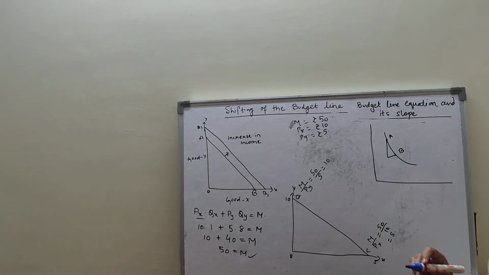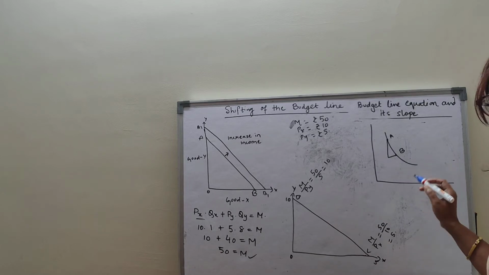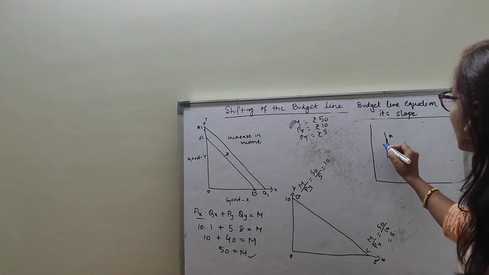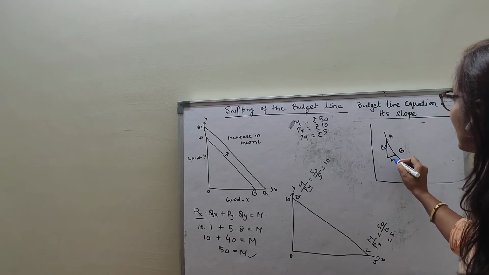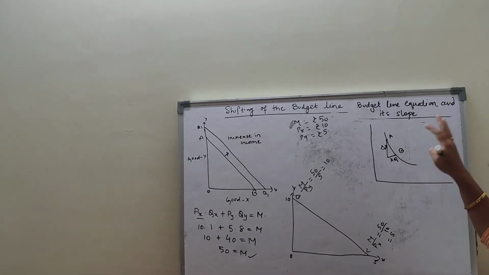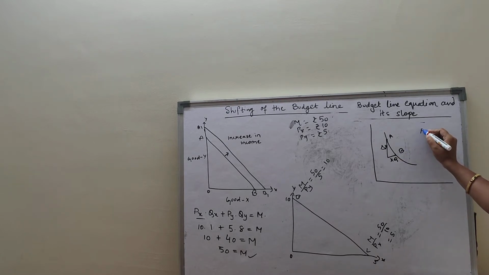To calculate the slope, we know the formula, that is change in y by change in x. Clear? Now, at any point on the curve, we can find the slope with this formula, change in y by change in x.